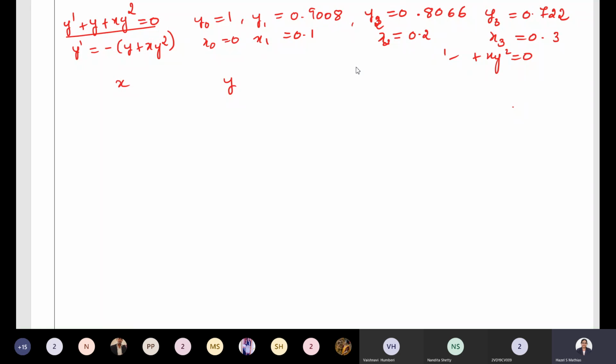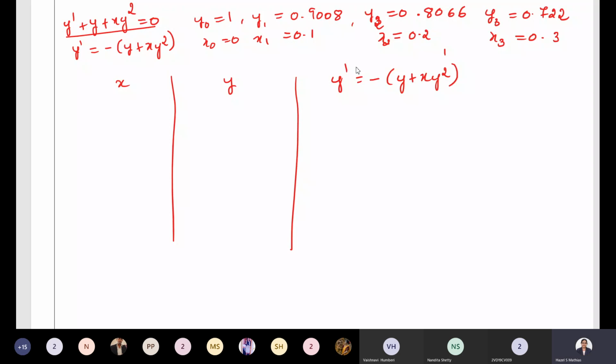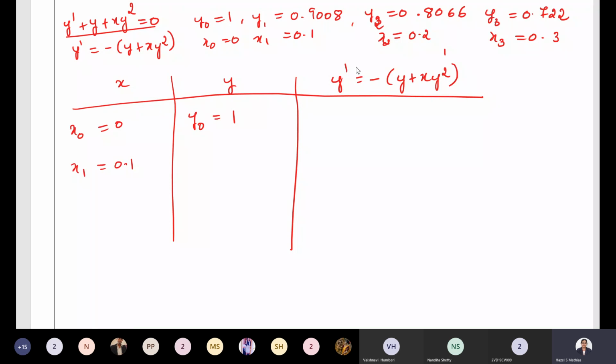Now make three separate tables for this. So what will be y dash? Y dash value will be minus of y plus xy square. So you have separate tables now. Write down the things which are given. We are given x0 value which is 0, y0 value which is 1. x1 value is given to be 0.1, corresponding y1 value is 0.9008.